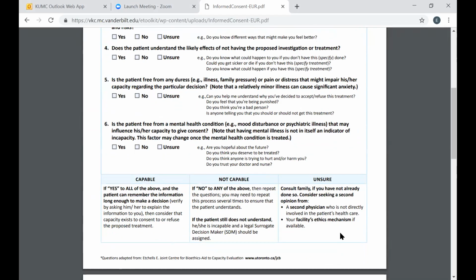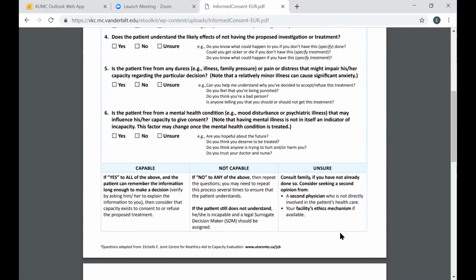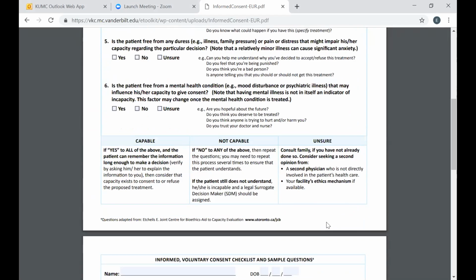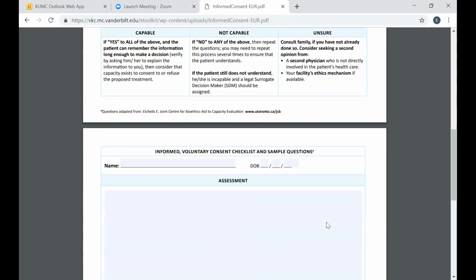So if you've done some of this, you're like, gosh, I'm still not convinced they can make the decision to get, I don't know, that gallbladder surgery, or even something as benign as, I don't know, vaccines are pretty benign, but you can talk to your facility's ethics committee if you have such a one, or even just talk to a second physician who maybe isn't involved in that patient's care to help determine if that person has the capacity.